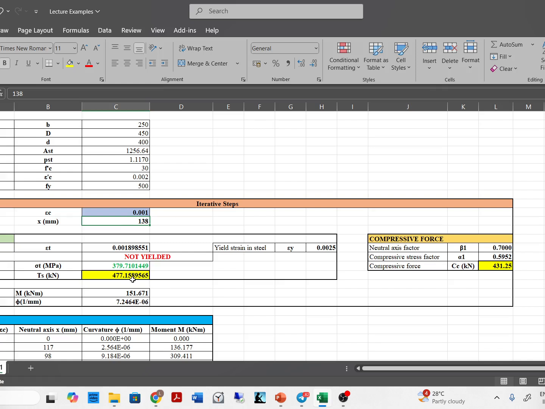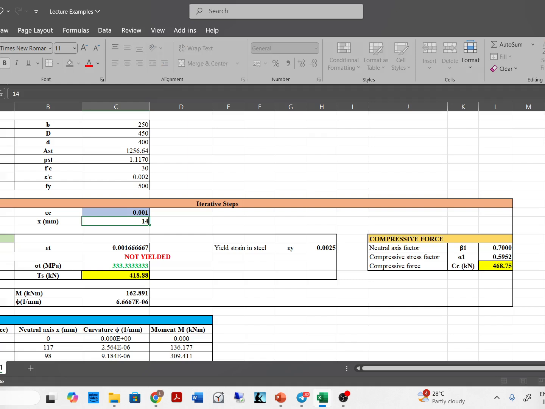Okay, so we see that the Cc is lesser than Ts, so we are going to increase the depth of the neutral axis to 140. Okay, still Cc is less, increase it to 150. Okay, now Cc has exceeded the Ts, so we need to understand that the value of x is between 140 and 150.